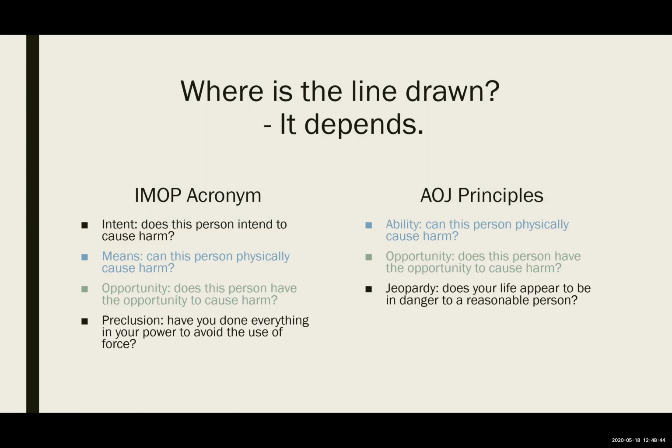It was created by Rory Miller in his book Facing Violence. It was kind of the first standard. You know, you have to fit all 4 of these principles to justify your use of force. However, for reasons I'll talk about in a minute, it's transitioning more to the AOJ principles. They're very similar, but they do have some differences, and that's why we're transitioning to AOJ.